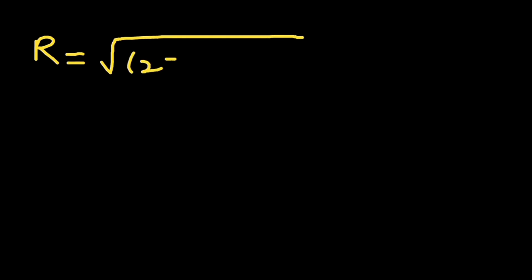Substituting in the formula, we shall have that r will be equal to the square root of (2 minus 3) all squared plus (1 minus 2) all squared.